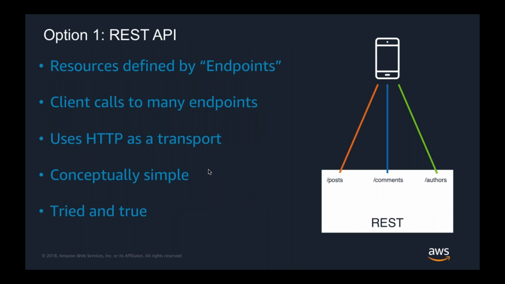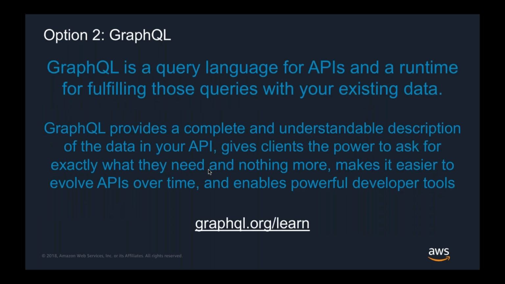You can see a visual representation of that here. In this model, you actually have resources that are defined by endpoints which you configure that the client calls. And then it's up to the logic in that endpoint to actually determine what query should be executed. And generally speaking, that's only going to allow you to use HTTP as a transport. This is a fairly tried and true mechanism. This is the most common thing you'll see out there.